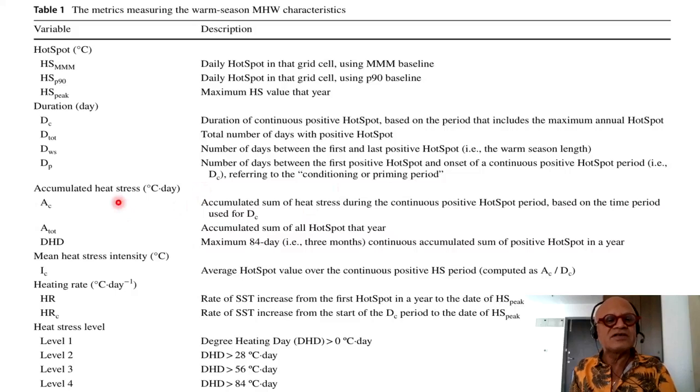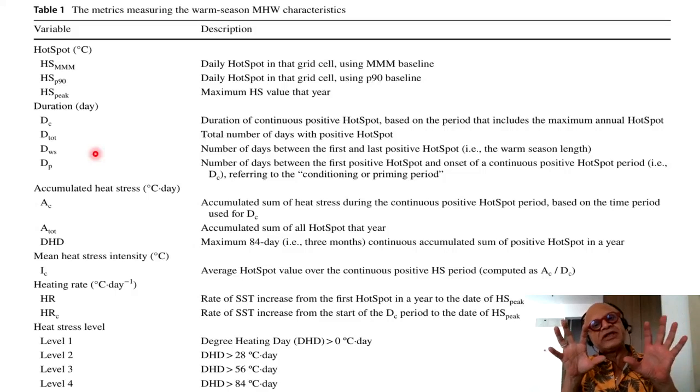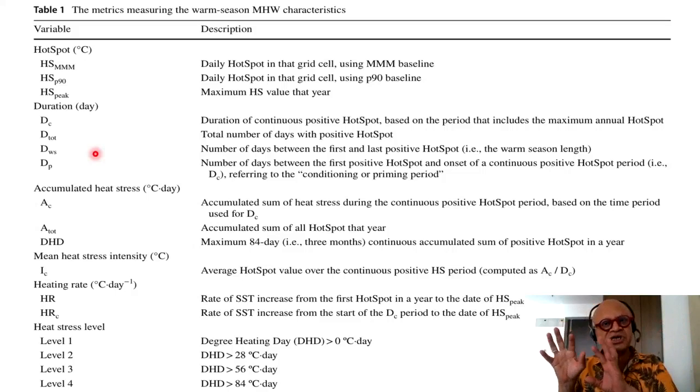Then the accumulated heat stress days are also important. I hope the idea of degree heating days and degree cooling days, in this case duration of hotspot days and so on, is obvious. It's easier to explain in terms of what is done in the energy industry. For example, they have a concept of cooling degree days, which means, let's say everybody prefers a temperature of 25 degrees centigrade or something like 70 degrees Fahrenheit.